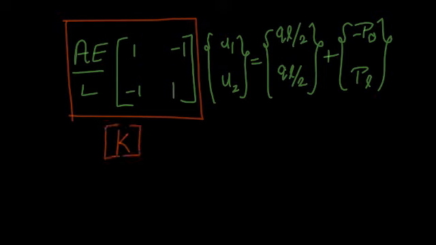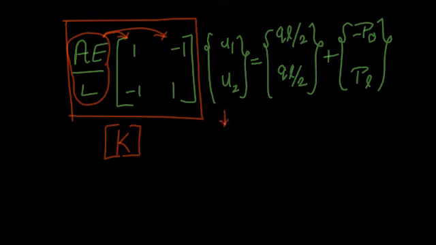How do you say this is the stiffness matrix? You see this term over here, that is the stiffness expression. AE by L is the expression for stiffness, so we call that a stiffness matrix. Does each and every term in the stiffness matrix have a meaning? Yes, it definitely has a meaning. And what about this matrix?